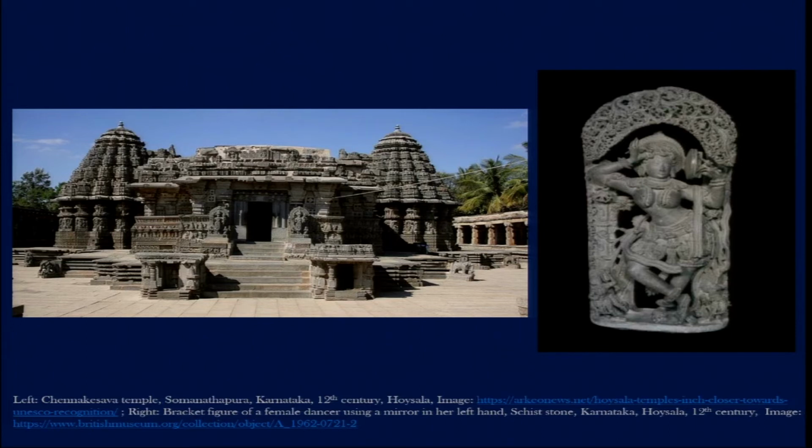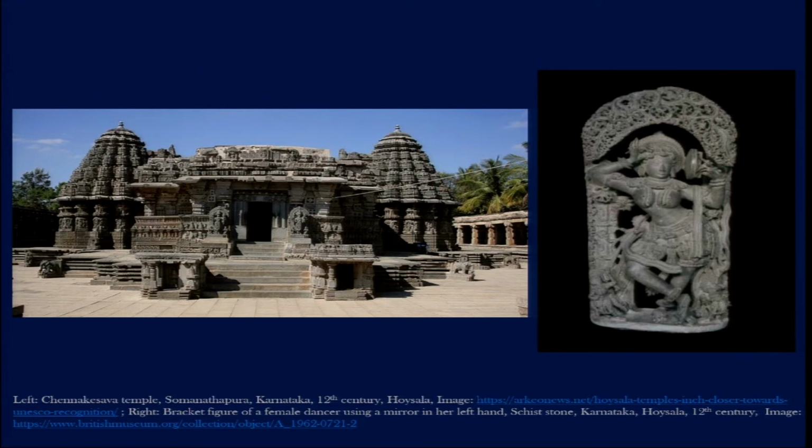So, we also have an example of schist stone sculpture here, and this is also from the Hoysala time period, created in the 12th century. This gives us a sense of the tremendous amount of detail that had gone into making the sculpture. Here we have this one Nayika figure, or a female dancer, who has a mirror in her hand.